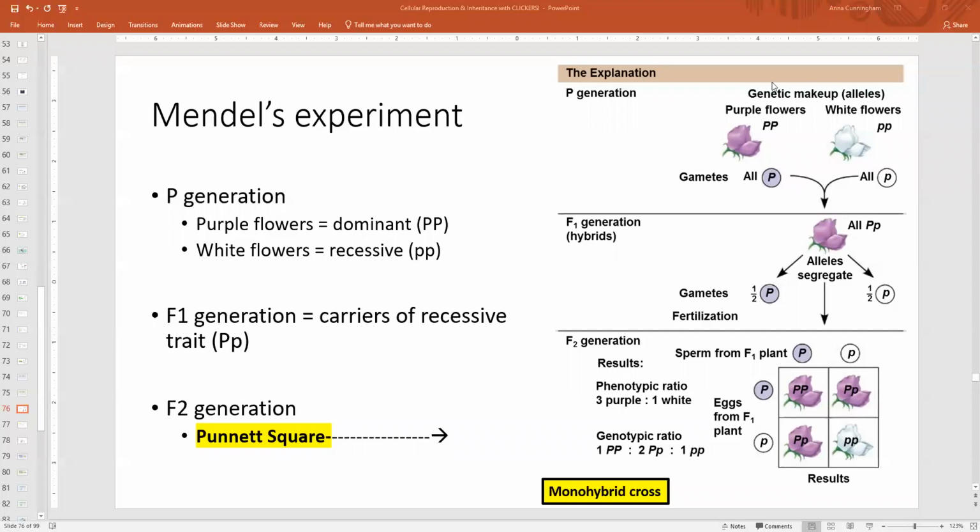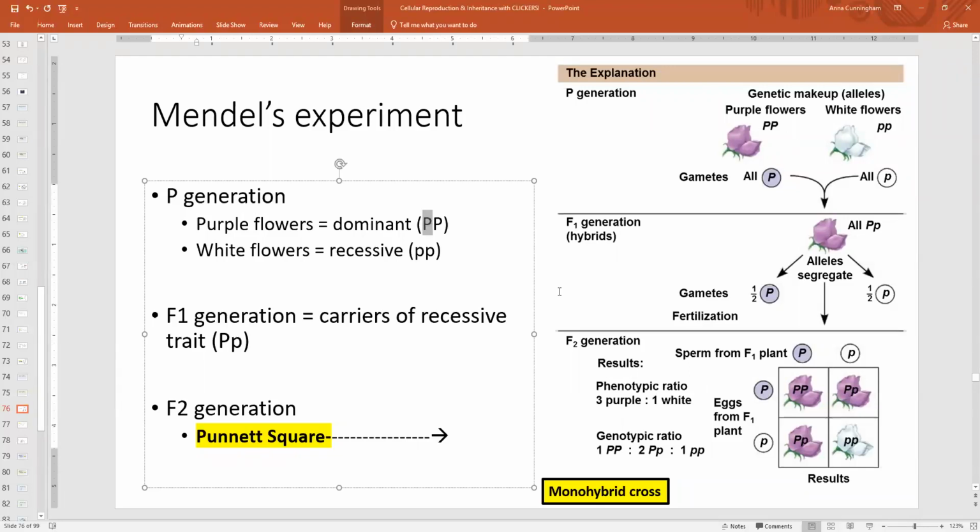If you look at that top panel, you can see how we typically do that. We describe a dominant allele using capital letters. Since purple is the dominant phenotype, an organism that is homozygous dominant has two alleles that are both the dominant allele.